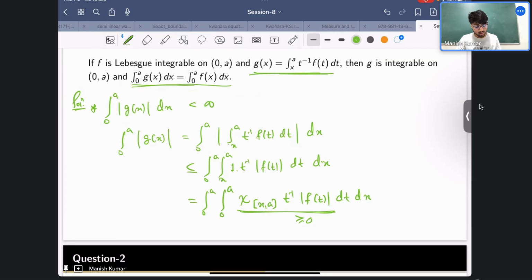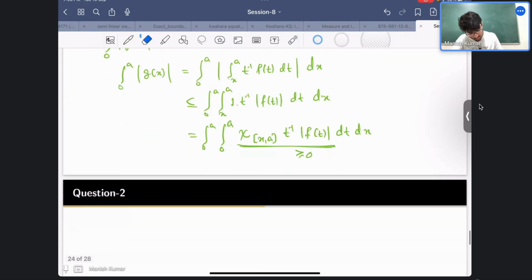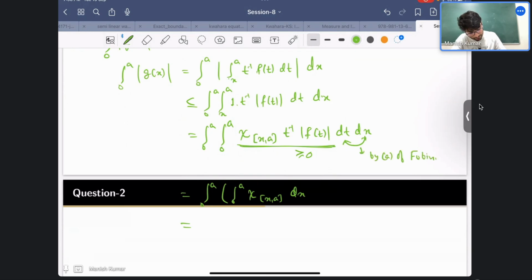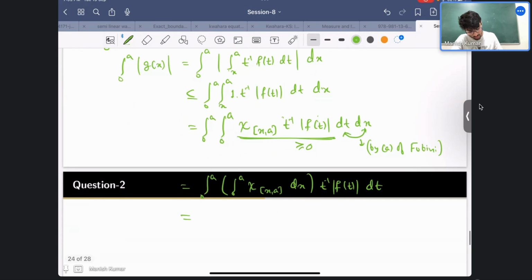So by Fubini, you can rewrite it by interchanging these two integrals: the integral from 0 to a of dx, and once I interchange it, you see that these two functions are independent of x, so I am putting them outside x: t inverse mod f(t) dt, right? So this is 0 to a.